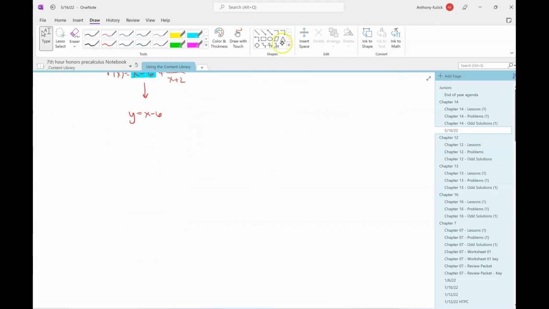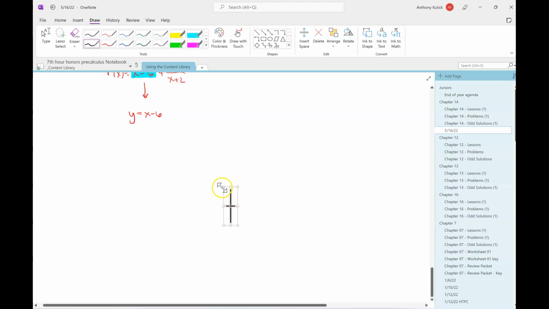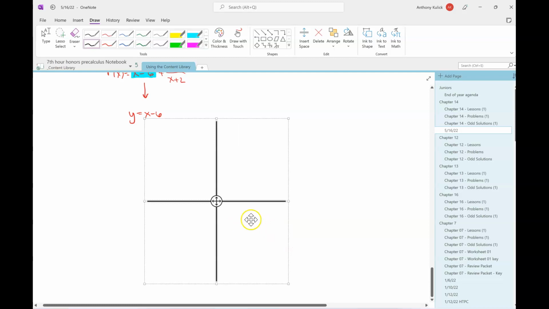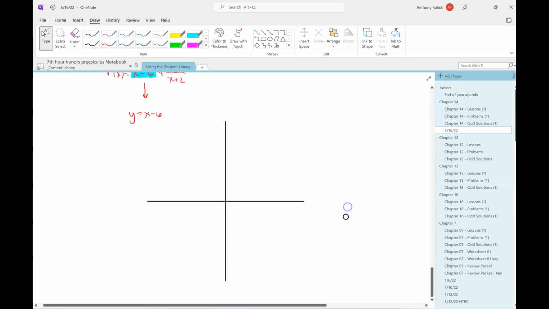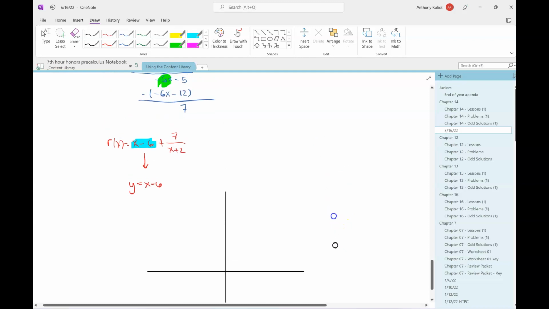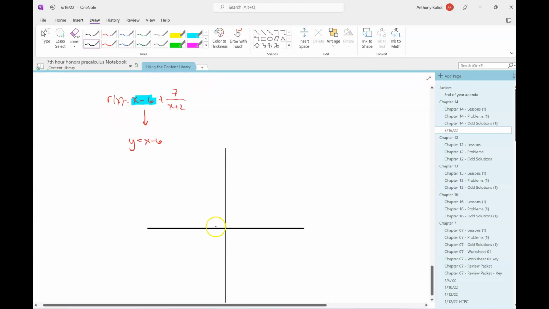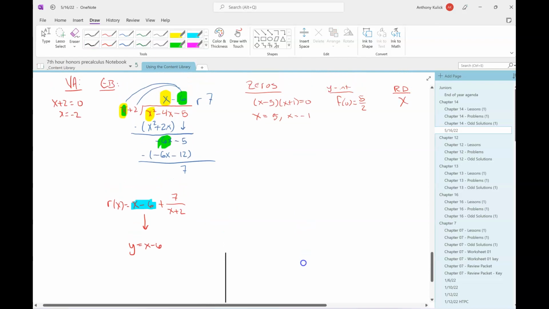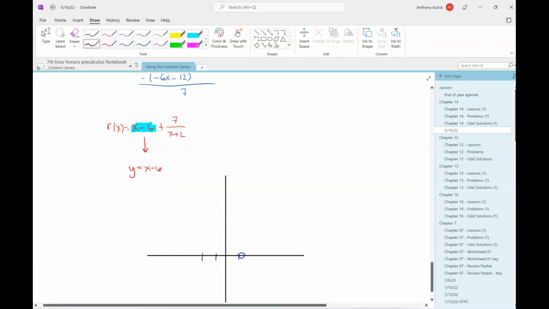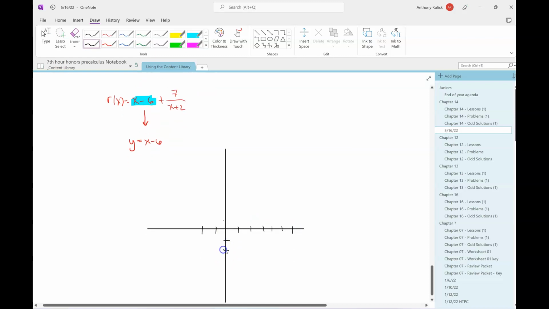All right, let's get a graph in here. All right. So let's see, what do we got here? -2, and then 5, 6, 1, 2, 3, 4, 5, 6, 2, 3.